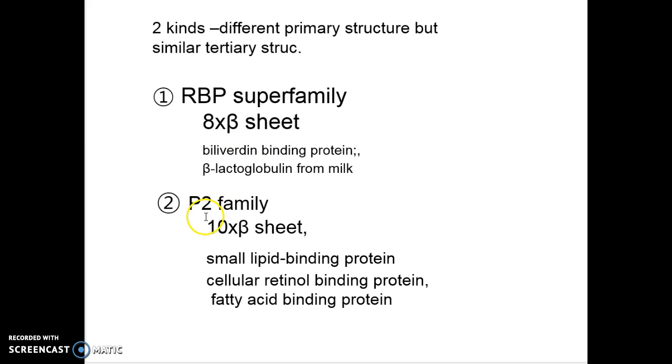The second group will be the P2 family, which comprises 10 beta sheets. And again, you can see the proteins in this category. Both are very different in their primary structure. In other words, they don't share any primary structure, but the 3Ds are very similar.